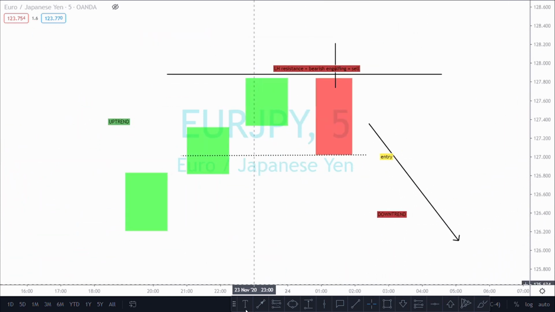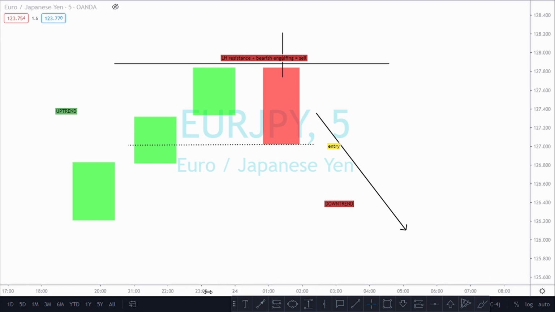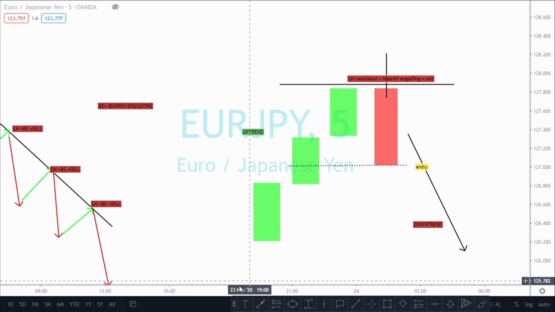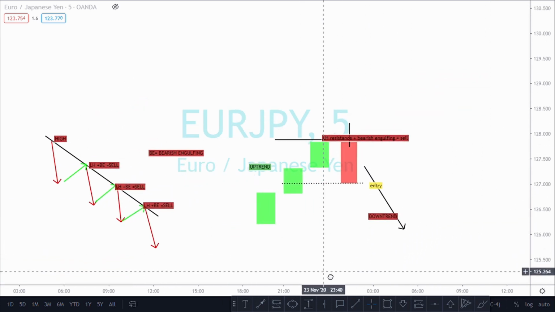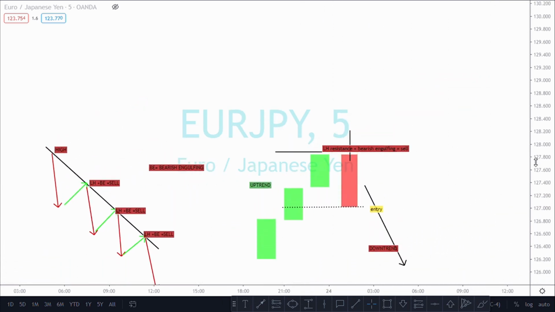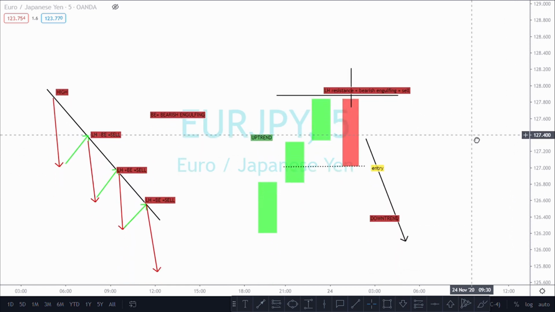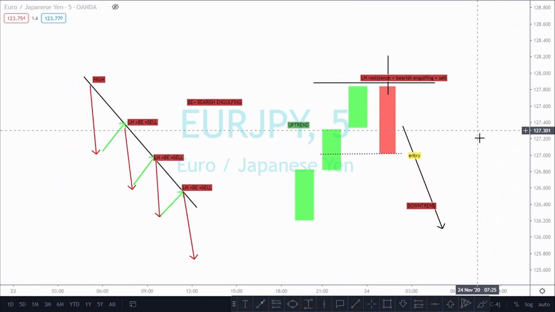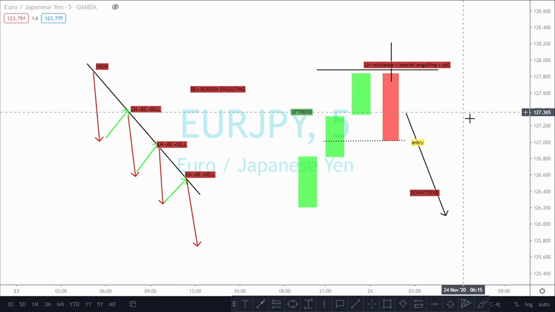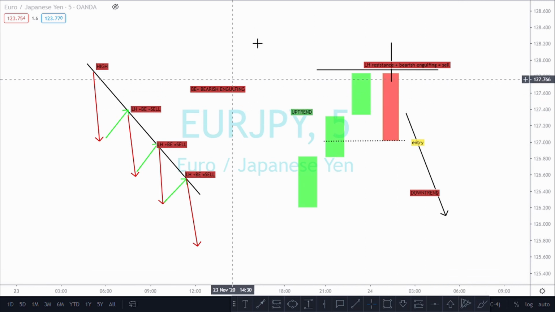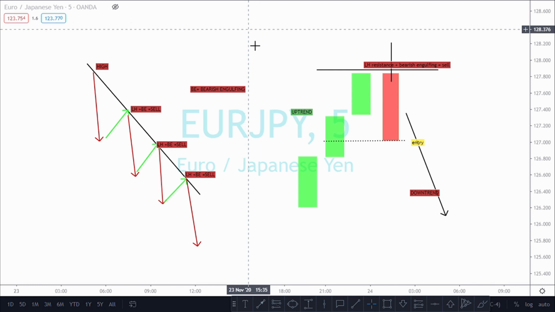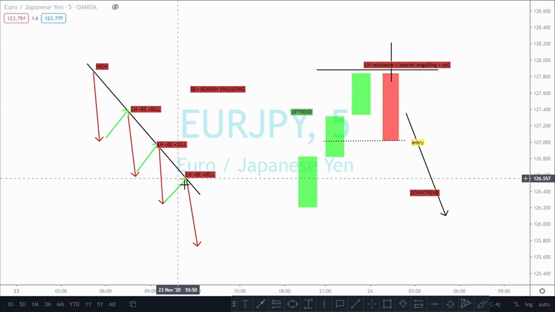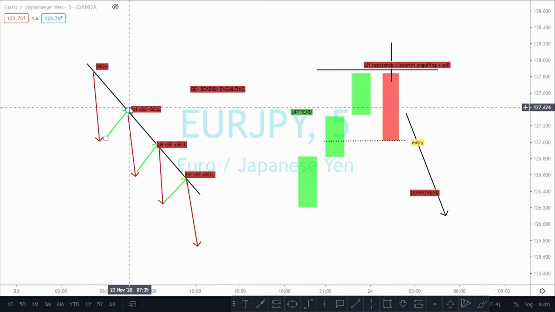Which is the opposite. You see me? The opposite. So the same market entry, our entry technique. So downtrend, same thing.